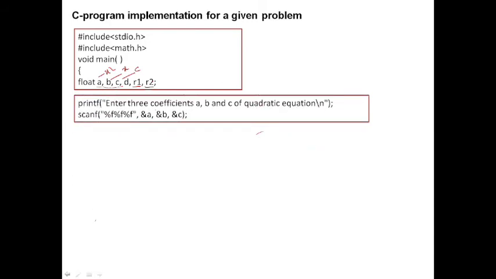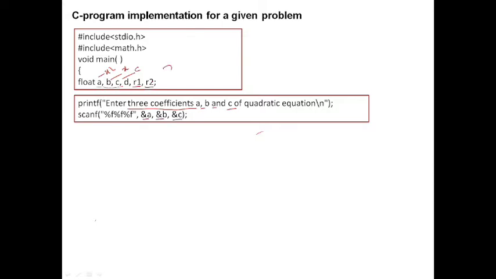Next, we ask the user to enter the coefficients of a quadratic equation. When a user enters the values of a, b and c, these values will be read from the keyboard, and those values will be stored in the a, b and c variables.